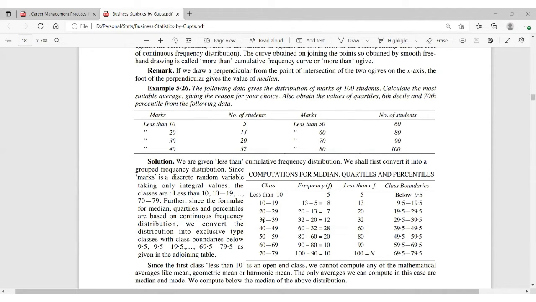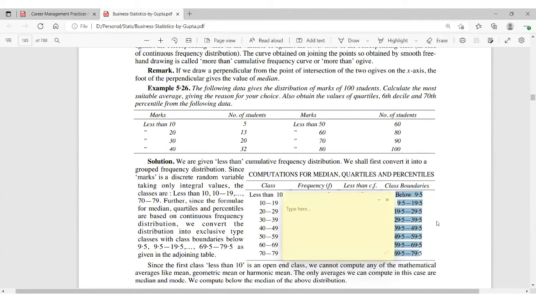And in the upper, add 0.5. 9.5, 19.5. 0.5 minus करेंगे तो 19.5, 29.5, and all this similarly all, right? The other class what we do.